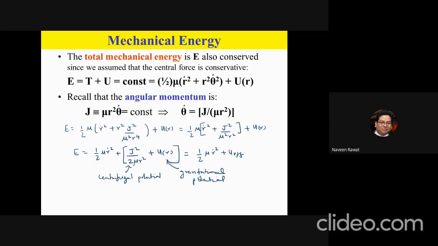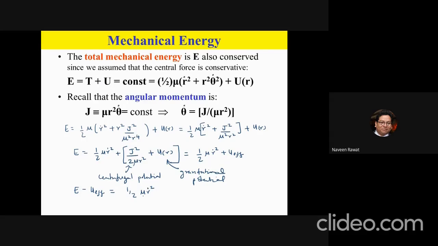One of the interesting things here is that if I look at this expression and write it in this form, E minus U effective is equal to 1/2 mu r dot square. So I've just taken the effective potential to the other side.